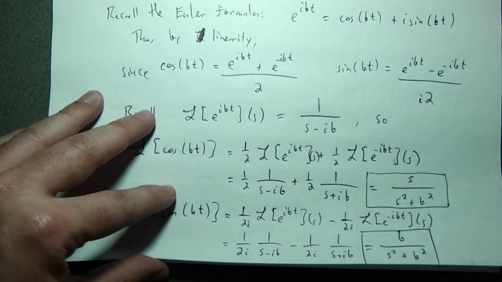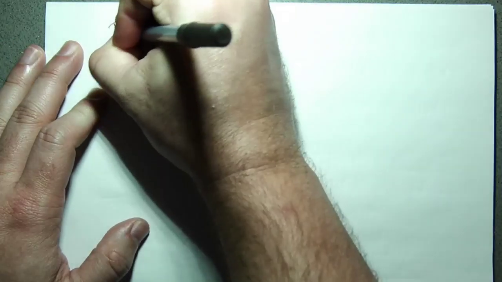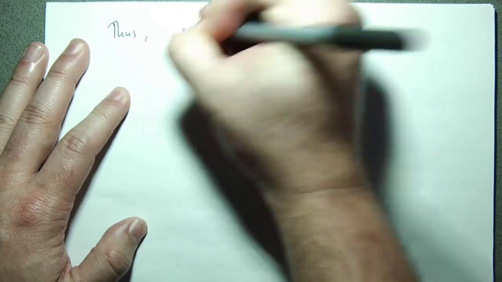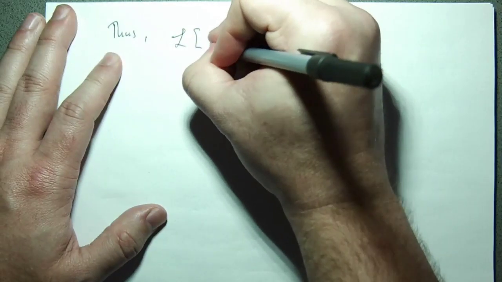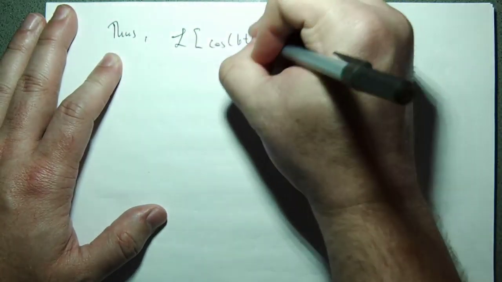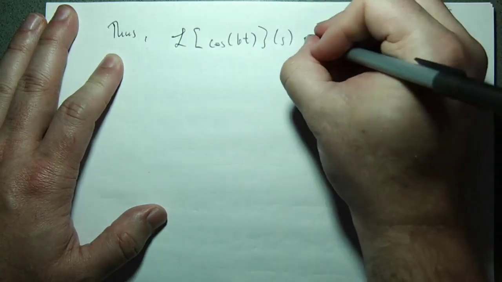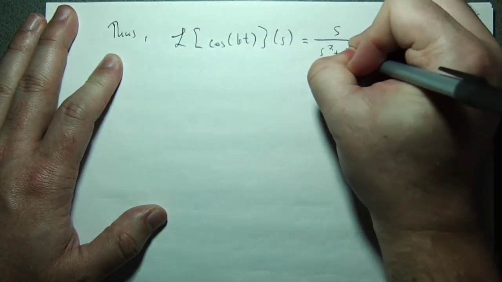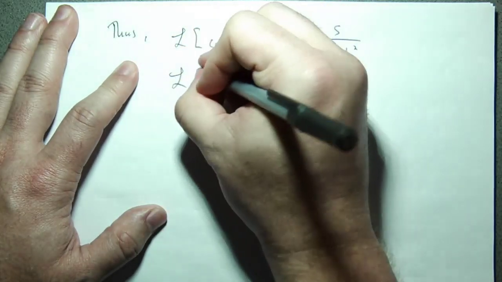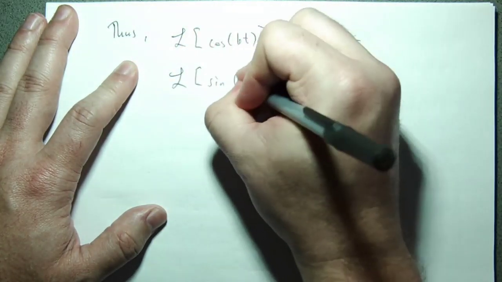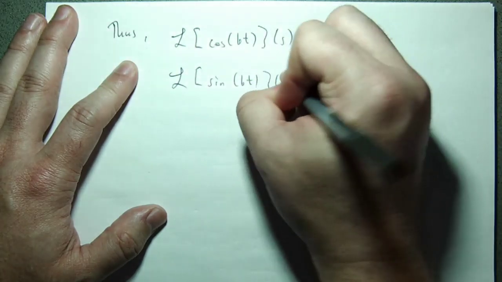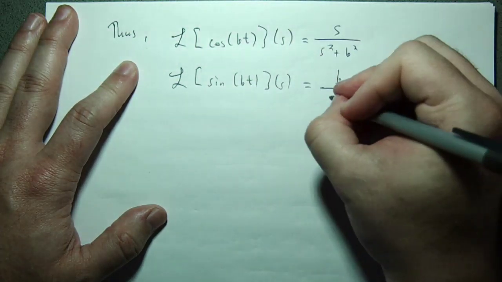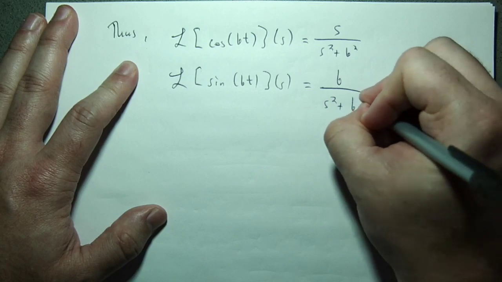Okay, so in summary, thus the Laplace transform of cosine of bt of s is equal to s over s squared plus b squared, and the Laplace transform of sine of bt of s is equal to b over s squared plus b squared.